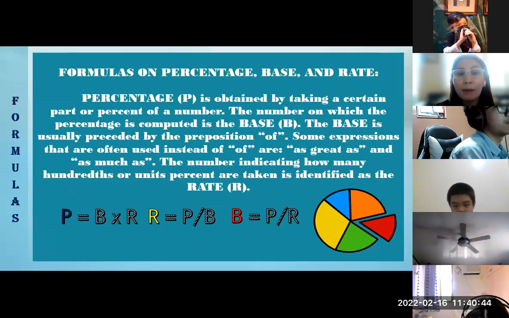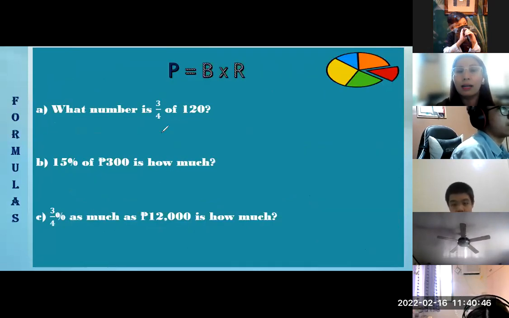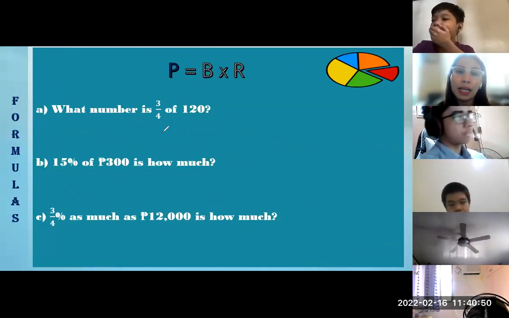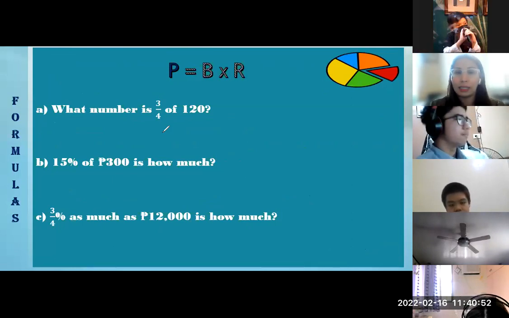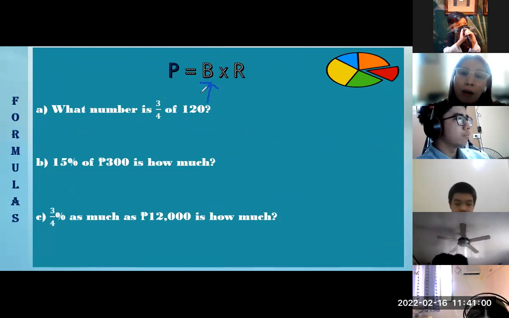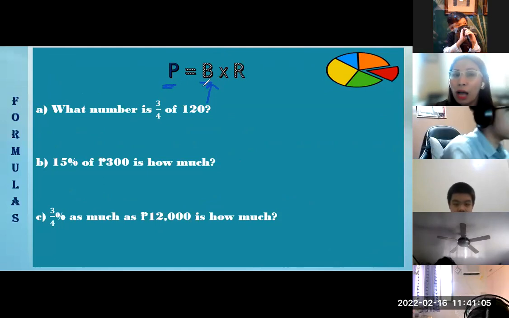Okay, sige. Let's apply na the formula. Dito muna tayo sa unang formula, which is percentage equals base times rate. So, always remember that base is higher or bigger than our percentage. Palagi pong higher or bigger ang base.